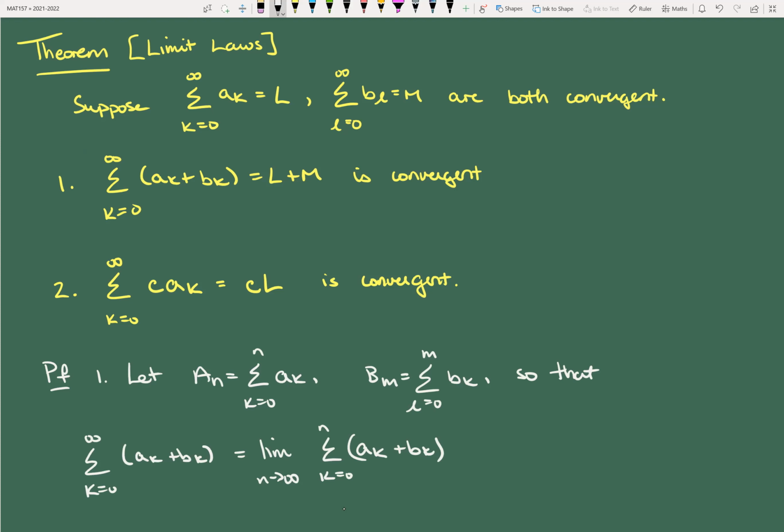Yeah, exactly. It's linearity of convergent series. So if you want to call it that instead of the limit laws, that's totally okay.